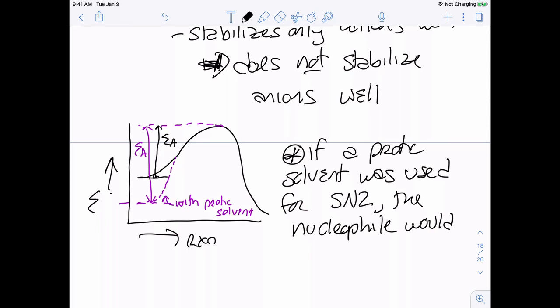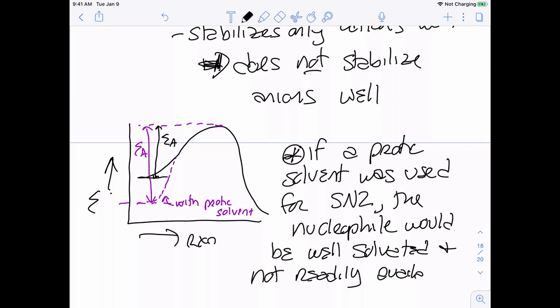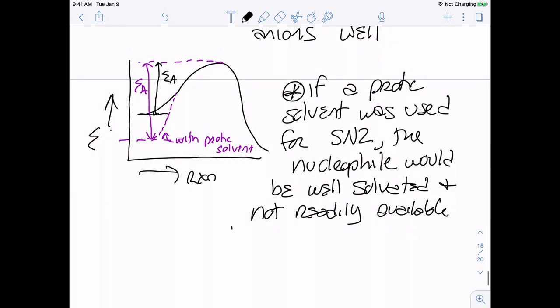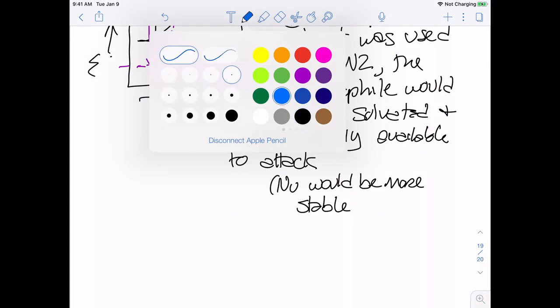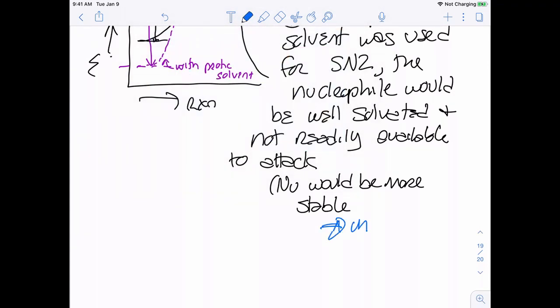So the nucleophile would be well solvated and not readily available to attack, right? Our nucleophile would be more stable. In this case, that's unfavorable because it is my reactant.